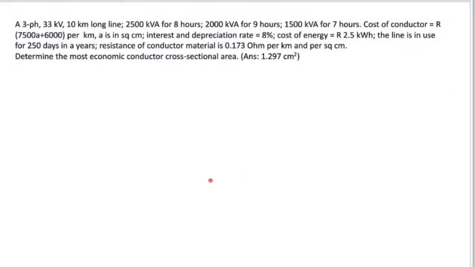Right. So first step, we can calculate it easily. The cost of interest and depreciation is equal to rand 7500A plus 6000 times 10, because it's 10 kilometer, and the interest rate is 8%, so 0.8.